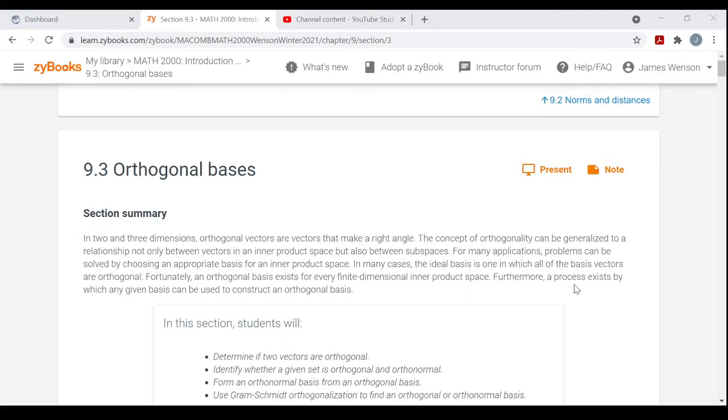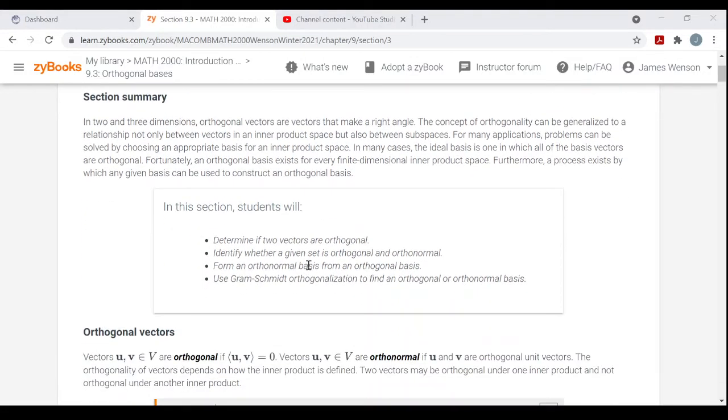Furthermore, a process exists by which any given basis can be used to construct an orthogonal basis. Now, what these words, orthogonal and orthogonal basis, mean, we'll get into throughout this section. Alright, so you have the objectives here.